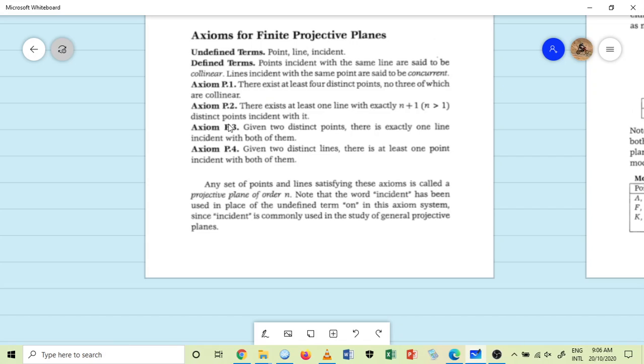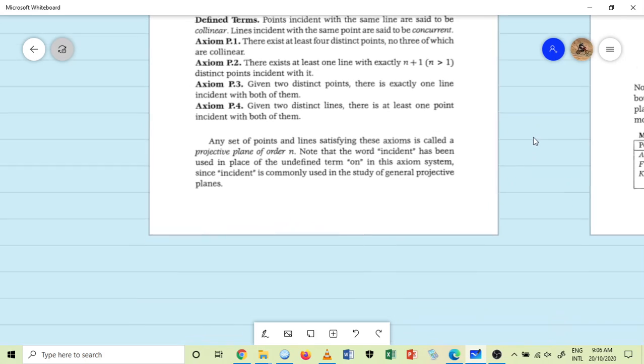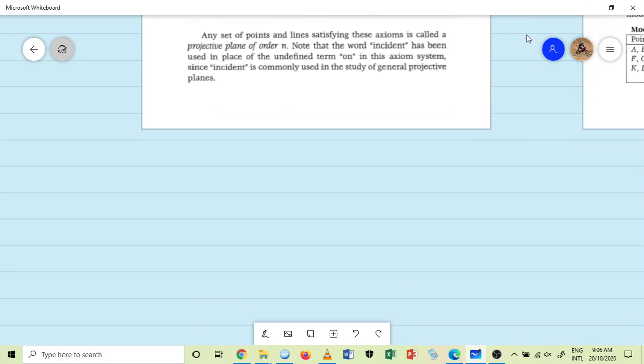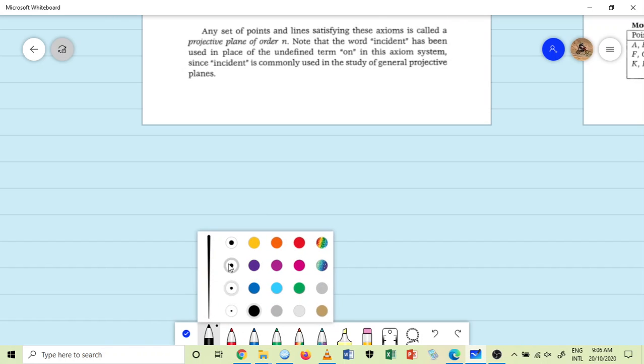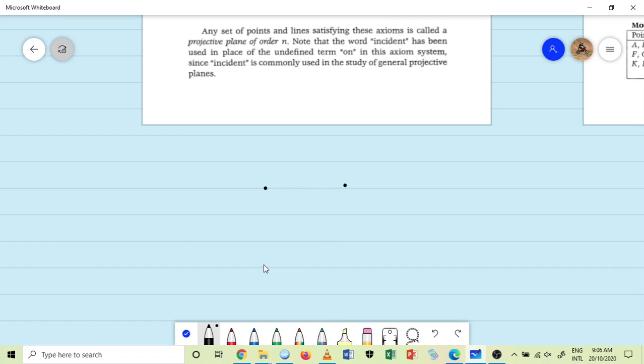For the axioms, axiom P.1: there exist at least 4 distinct points, no 3 of which are collinear. Meaning it would be safe to assume that there are at least 4 points. For us just to get a vision, we shall have 4 points, no 3 are collinear.